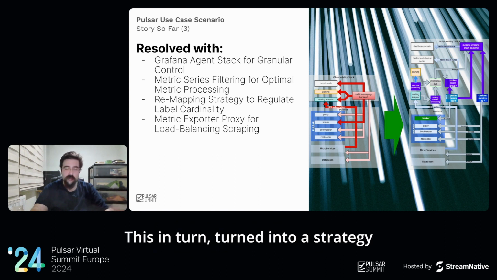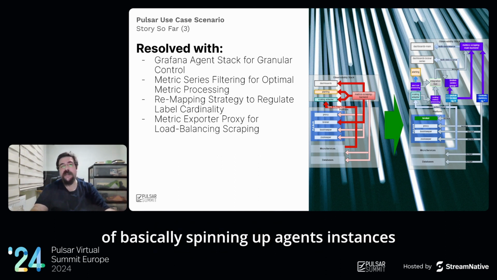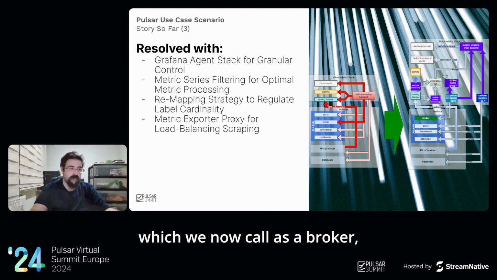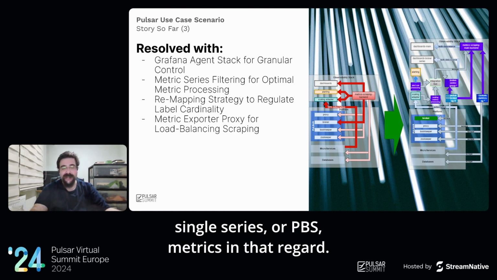This in turn turned into a strategy of basically spinning up agent instances that would keep only a single metric series, which we now call a Pulsar broker single series, or PBRS metrics.